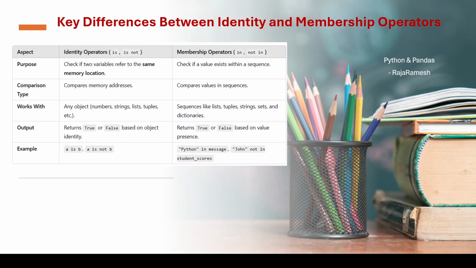An example is a is b, a is not b. Here, if you see, there is a variable called message. In that we have Python, so we need to check Python in message. So this is the comparison between identity and membership operators.